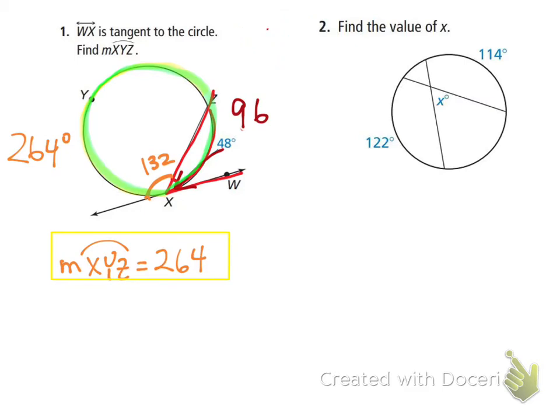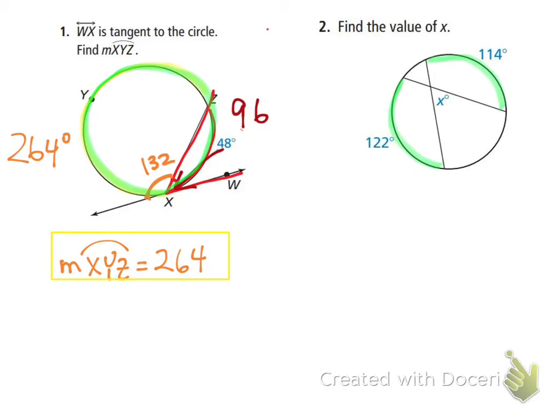Number 2, let's look at this picture. Do we have a tangent intersecting a chord, 2 chords intersecting inside a circle, or angles outside of the circle? Two chords intersecting inside a circle. So we're going to use this property. When you use this property, it is very crucial that you locate what angles are between the 2 arcs.